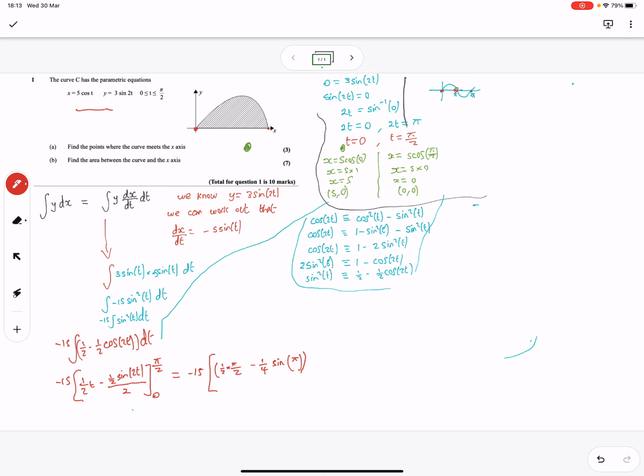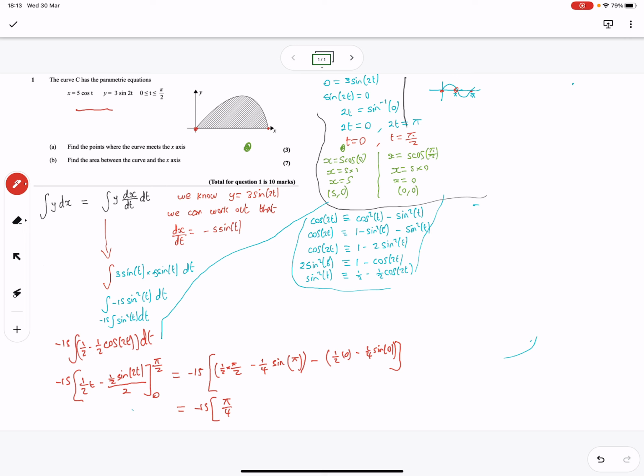Okay, and then it's that minus, and then we put the 0 in, so that's 1/2 times 0 minus again, a quarter sine of 0 this time. And then that's just going to be minus 15 times a half times pi over 2, which is pi over 4, minus a quarter times sine of pi, and sine of pi is equal to 0.